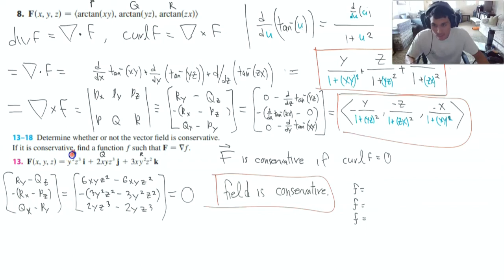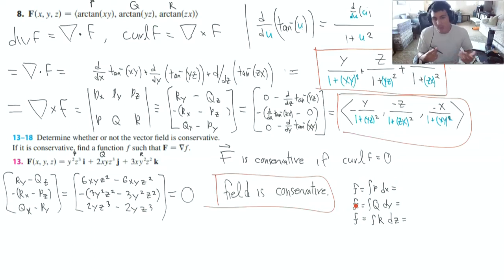Remember I took P, Q, and R, and I was taking derivatives of these? Well, now I'm going to be taking integrals of these, with respect to dx, dy, and dz.